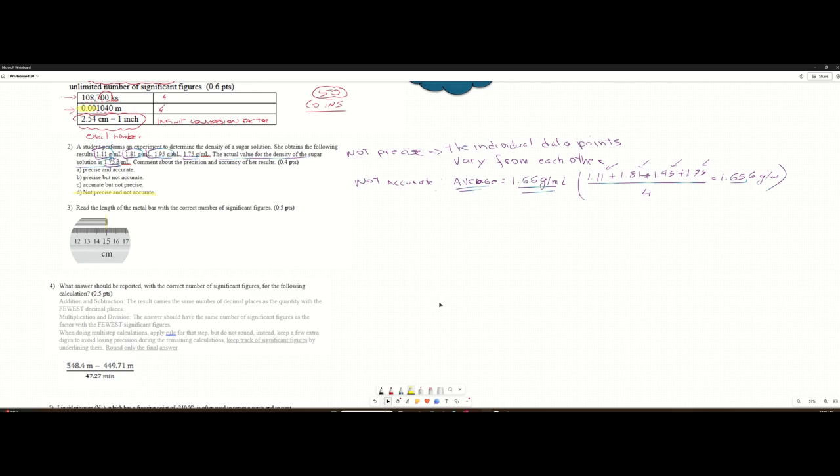Let's go to this measurement over here. We have a ruler in centimeters and we have a metal piece over there. So you want to know the value. Remember this ruler, look at this. I can say that I have 15.1, 15.2, 15.3, 15.4.